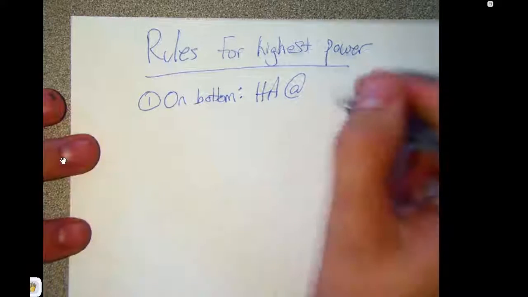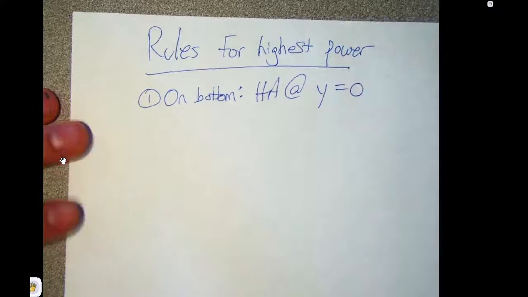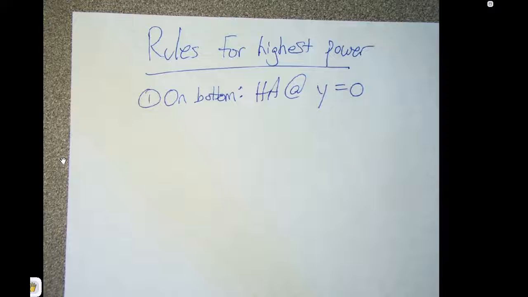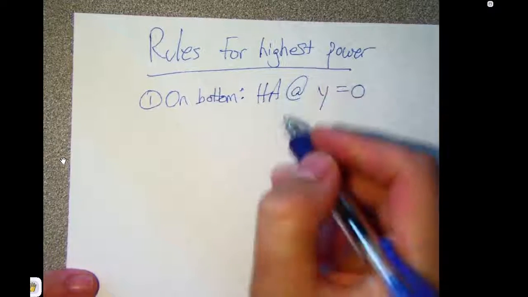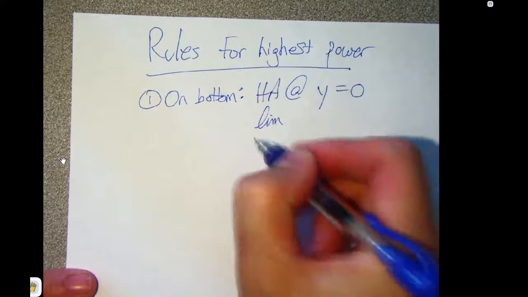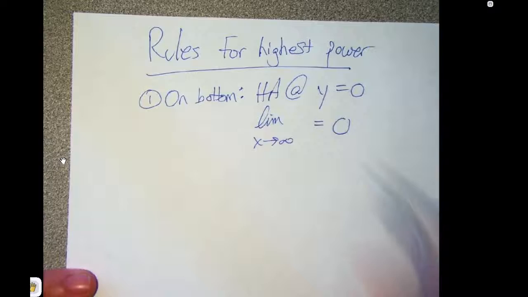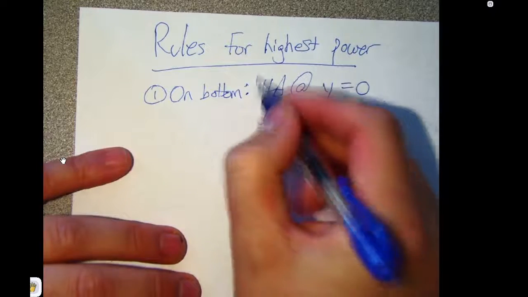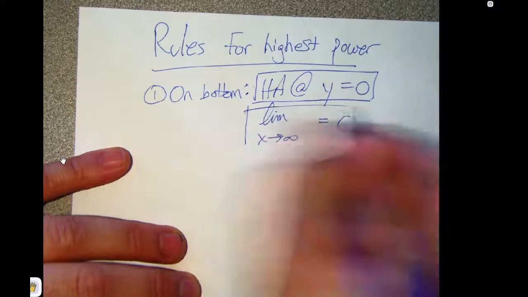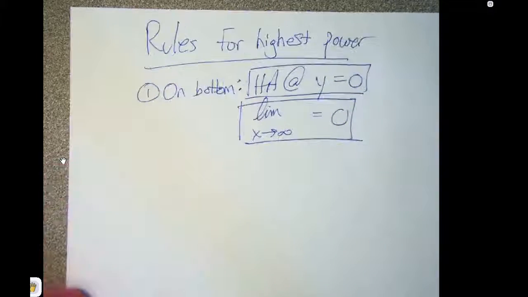It's constantly approaching it, and y equals 0. It's a horizontal line, so you've got to give the equation of the line, which is y equals 0. Or you could say the limit as x approaches infinity equals 0. Those are the same exact statement.